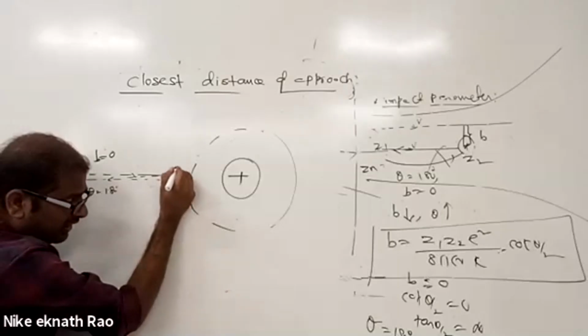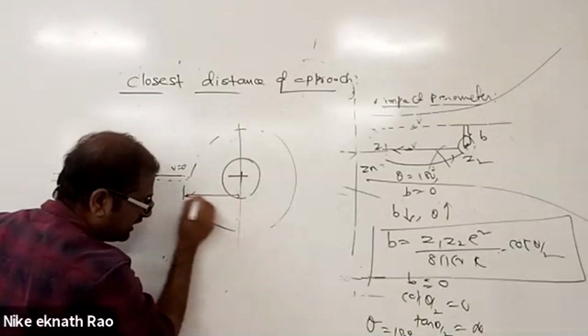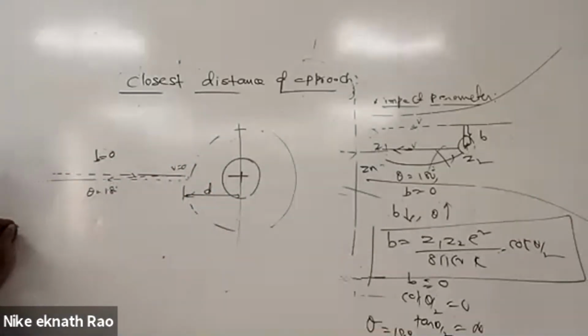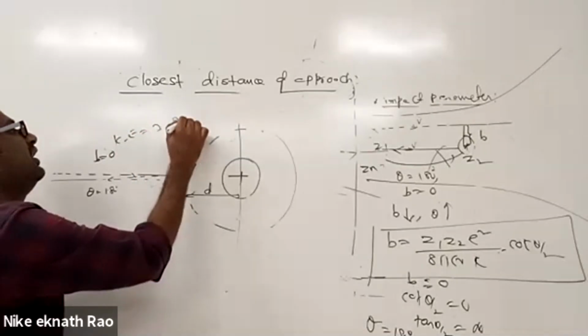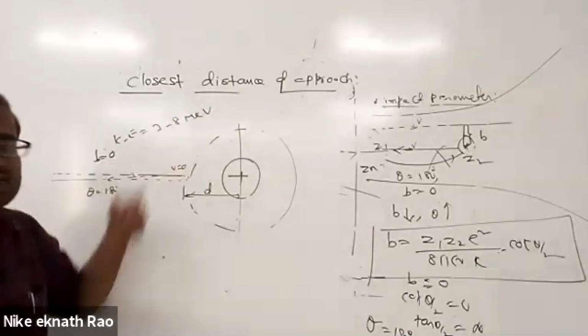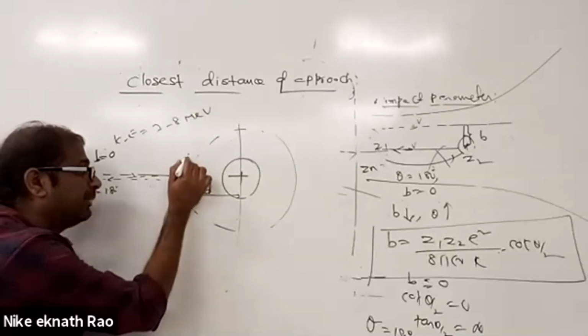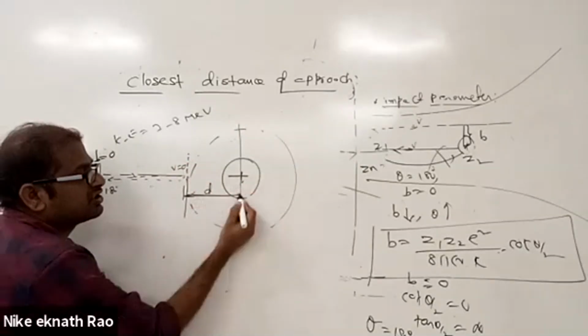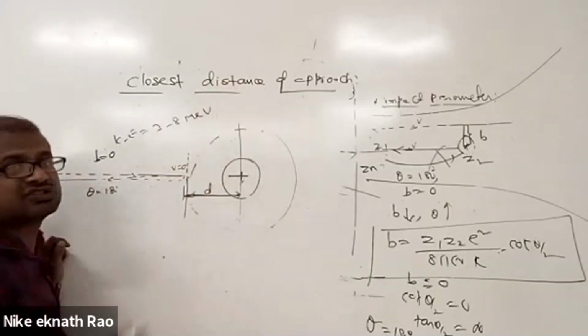Momentarily, when they approach a particular distance from the center of this nucleus, their kinetic energy becomes 0. These fast moving particles have high kinetic energy, of the order of 7.8 MeV, and when they bombard, momentarily their kinetic energy becomes 0. So the distance up to which they can approach the nucleus is called the closest distance of approach.